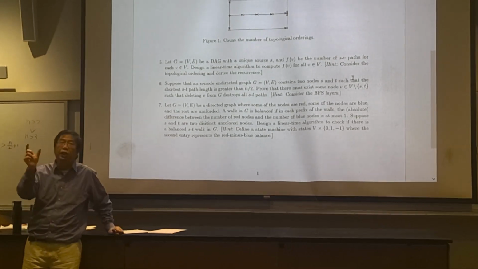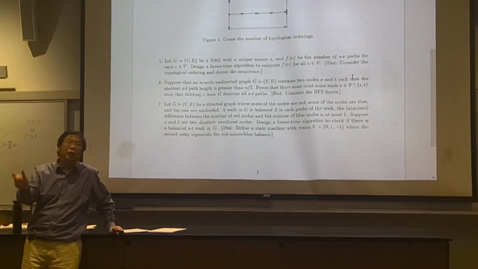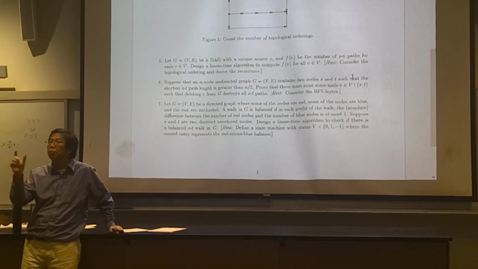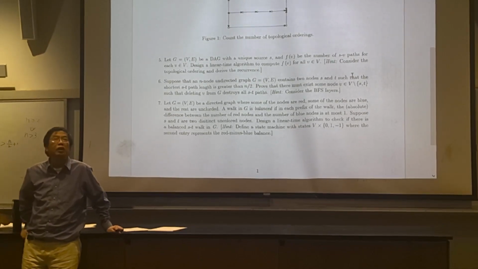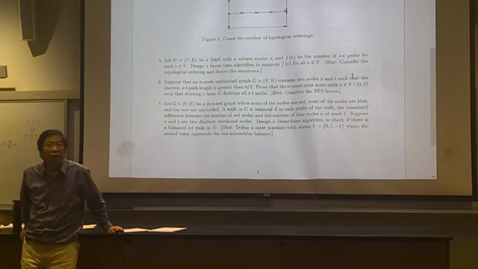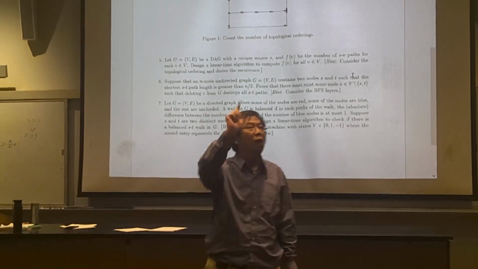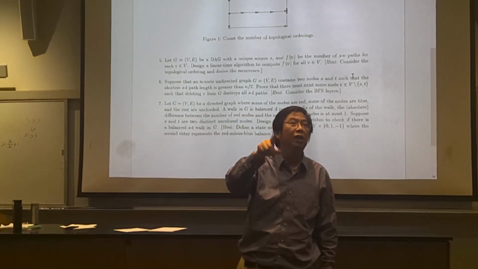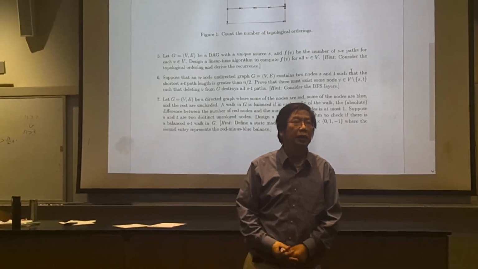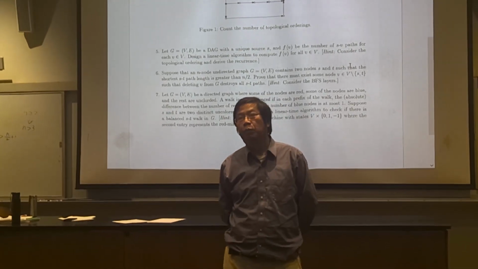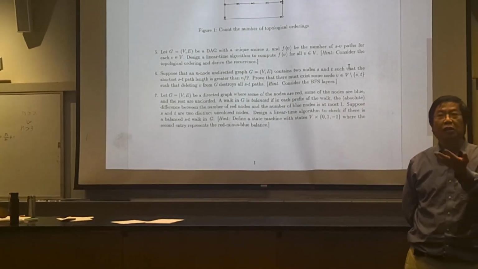For every prefix, the number of red nodes and the number of blue nodes differ by at most one. In other words, either the same number, or one more blue or one more red node. That's called a balanced walk.